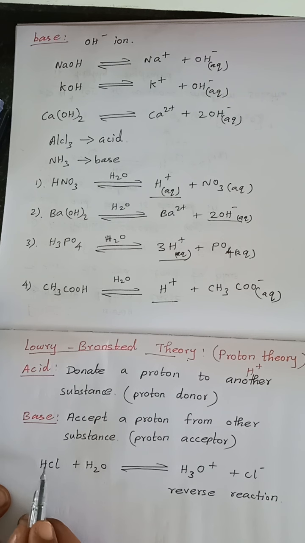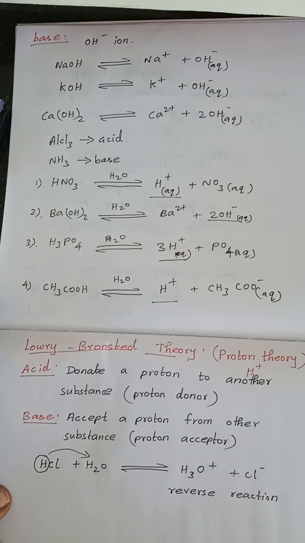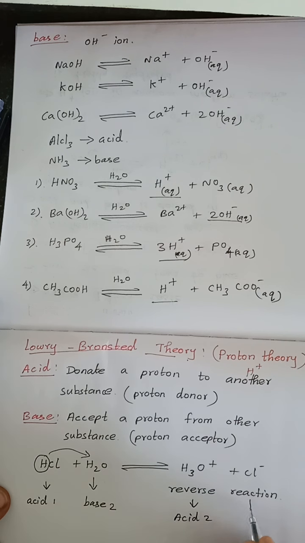In the reverse reaction, the H plus ion is moved to water. This is called acid 1, and this is base 2. Then this is acid 2, and this is base 1.